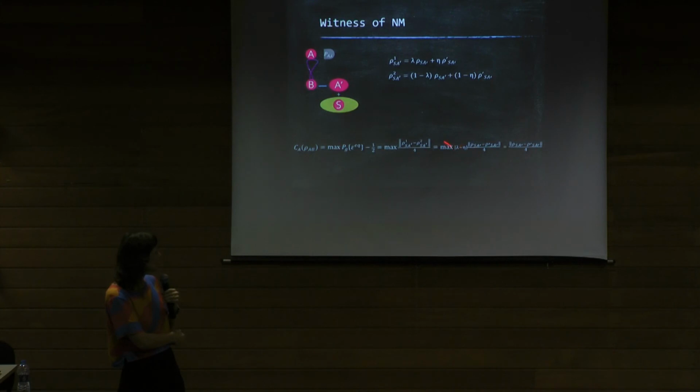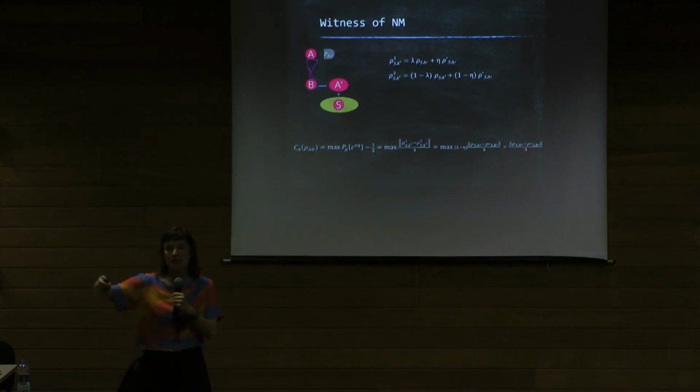This trace norm is related to the original one, and we know already that this trace norm will increase for a non-Markovian dynamics, okay? So these two things are connected: if the trace norm is increasing, the correlation measure is also increasing.